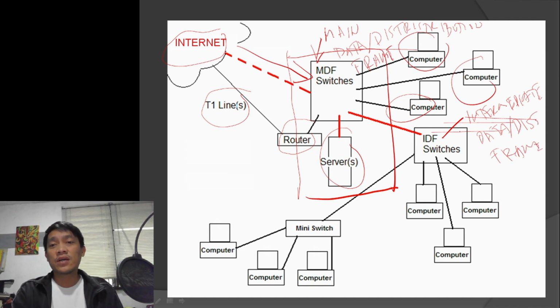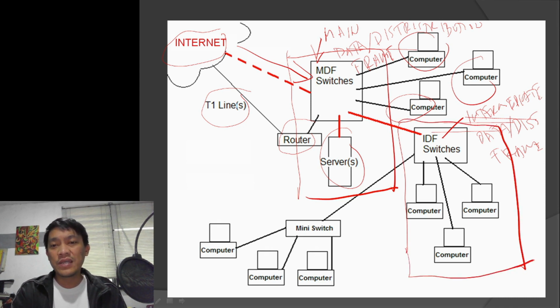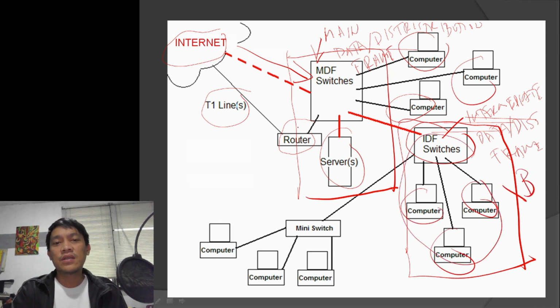Basically, these are located maybe in the other building. So ito naman yung distribution on the building, and these are the switches. There are computers connected to the switches, and these are the segments of this particular building. For example, this is building B. This is building A.